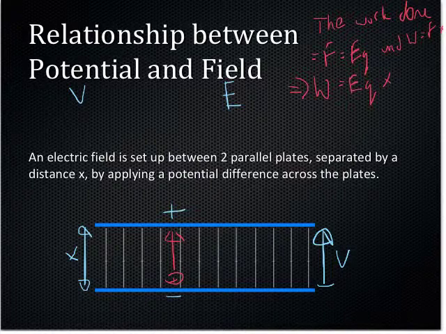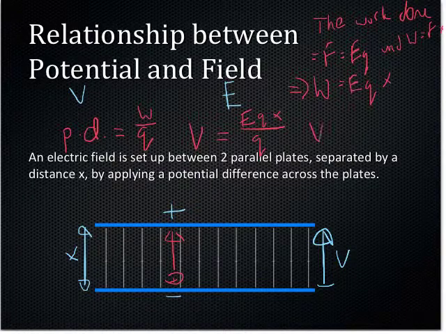So we also know that PD, potential difference, is equal to work per unit charge. So we could say that V equals EQx, which is our work, divided by Q, our charge, and that means we get V equals Ex.